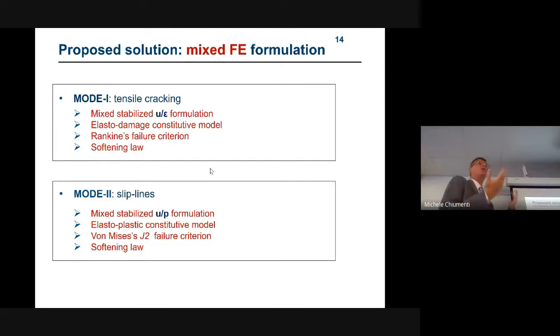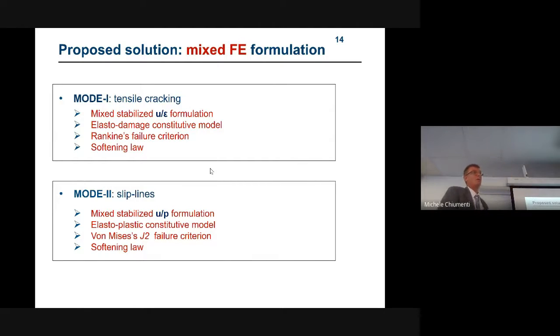So not only displacement as the classical finite element, but something else. This is the classical solution used in incompressible flow dynamics that we import into solid mechanics. And this is another kind of formulation able to solve the cracking.